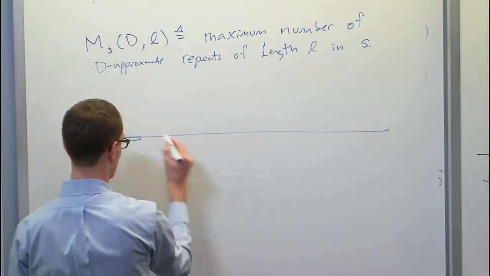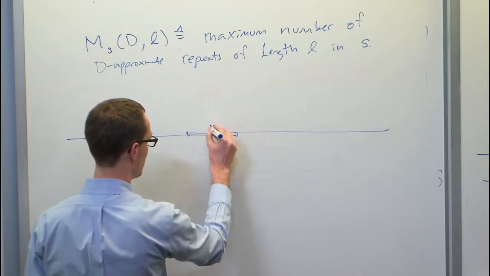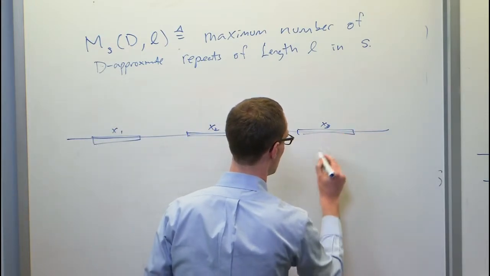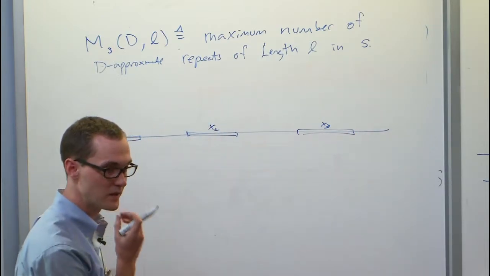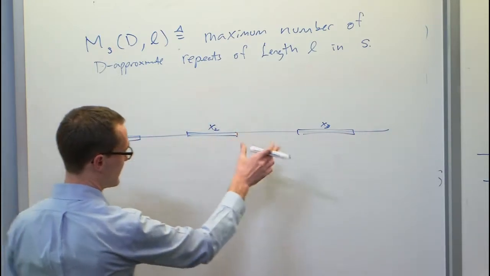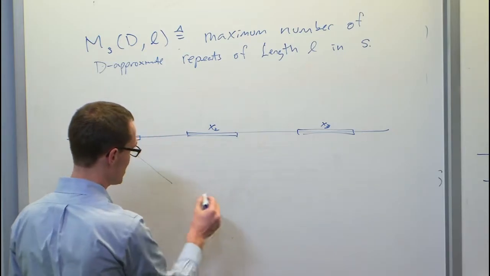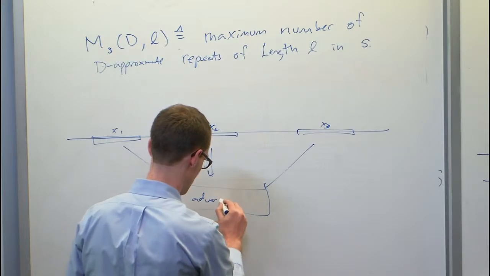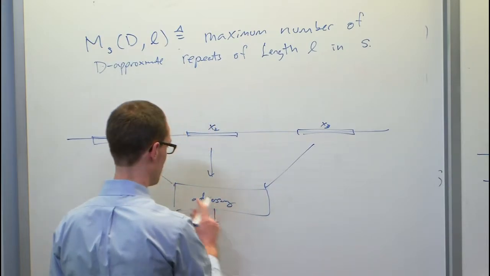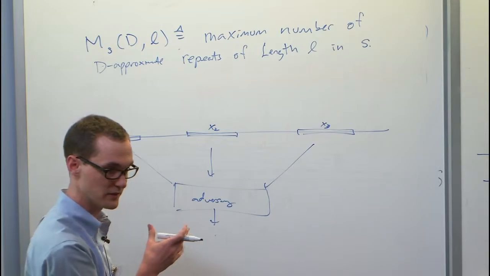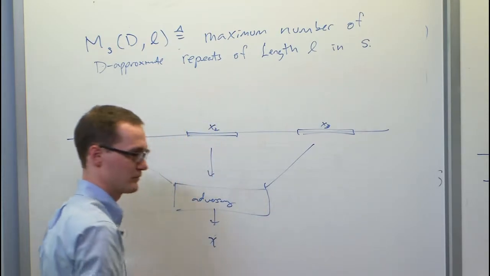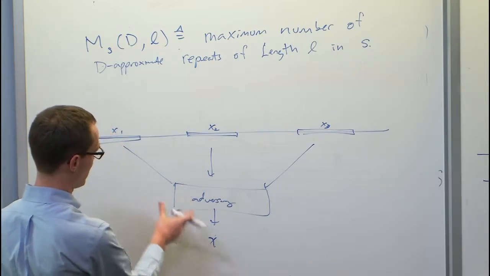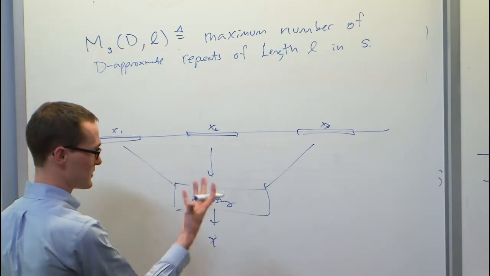And if I look at a bunch of subsequences, x2, x3, so on and so forth, let's say that these aren't exactly alike, but maybe what the adversary could do is erase D positions from each of these and make them look like they came from some sequence X. So they aren't exact repeats, but they're D approximate, in the sense that there's some centroid.